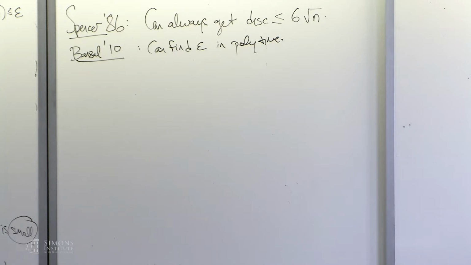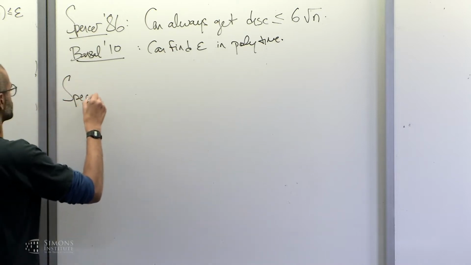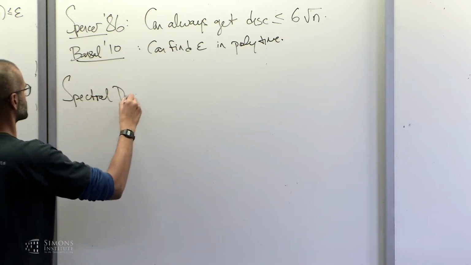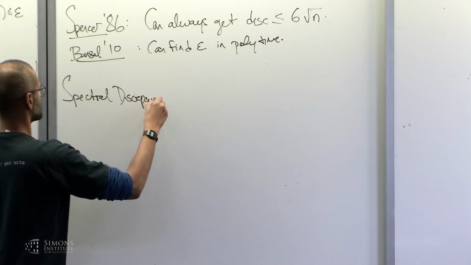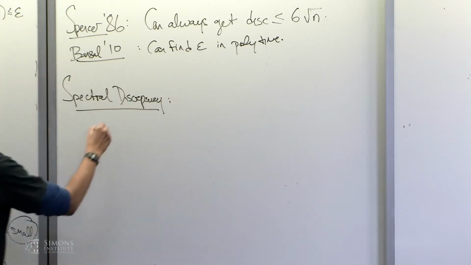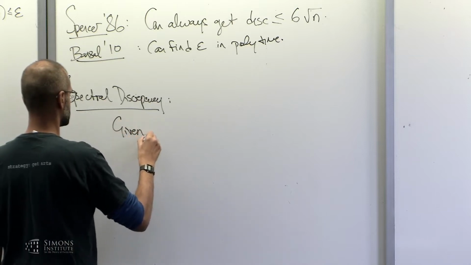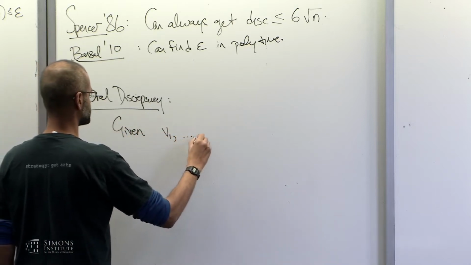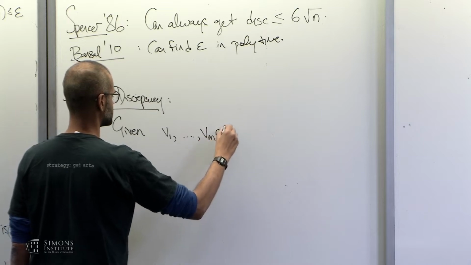Okay. So Weaver's conjecture is a question you can think of as spectral discrepancy theory. Here, instead of a bunch of subsets, you're given a set of vectors.